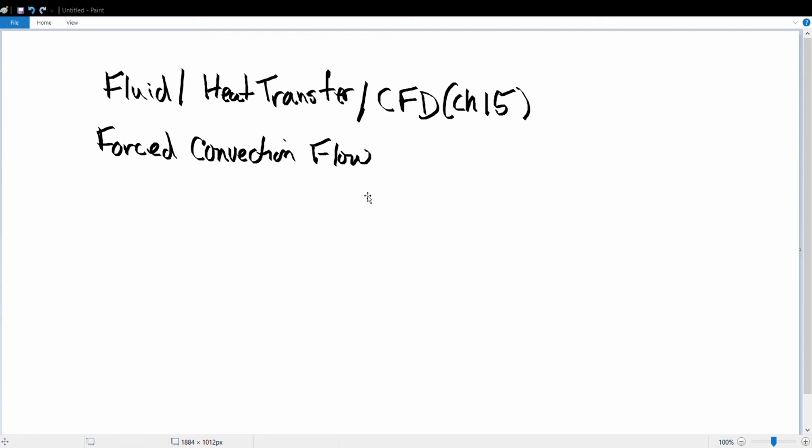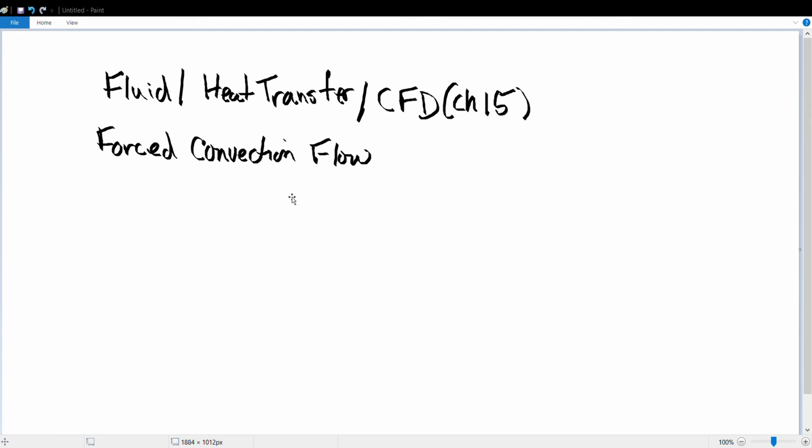One takeaway from this is that the boundary layer is actually the most restrictive part of heat transfer through the fluid. It acts almost like a solid, and so you need to conduct through it. The thinner the boundary layer, the more heat you're going to be able to conduct.